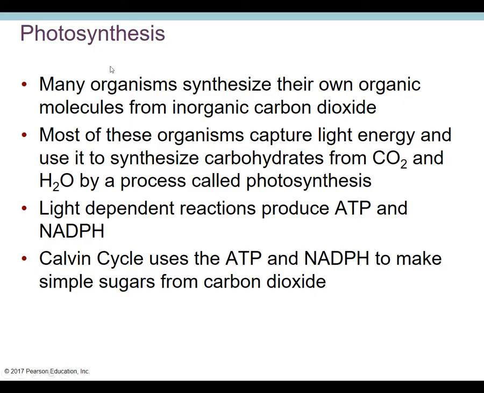So photosynthesis is another process, but not all organisms can do this one. All organisms can do some kind of glucose oxidation, either respiration or fermentation. But not all organisms can do photosynthesis. But the sugar that's made from photosynthesis is needed by all organisms.